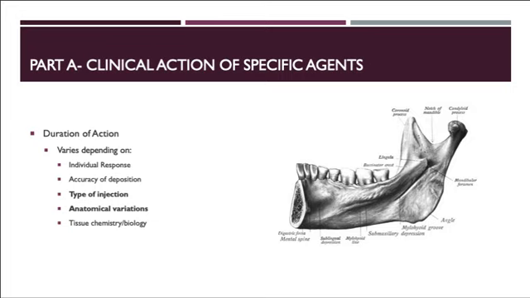You might be able to do it really well in one person because their anatomy is ideal, but in another person who maybe has a shorter jaw and a very different anatomy, you might not be able to figure out where that lingula might be. And so these anatomical variations can negatively influence the accuracy of deposition of the local anesthetic.